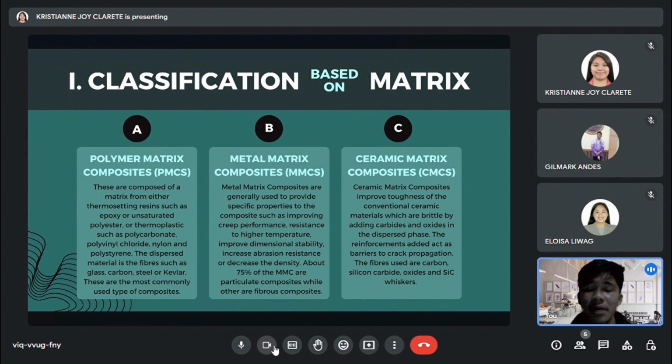The function of the matrix in PMCs is to bound the fiber together and transfer load between them. PMCs matrices are typically either thermosetting, which as I mentioned earlier in the description, or thermoplastics. Thermosetting are by far the predominant type we are using today.